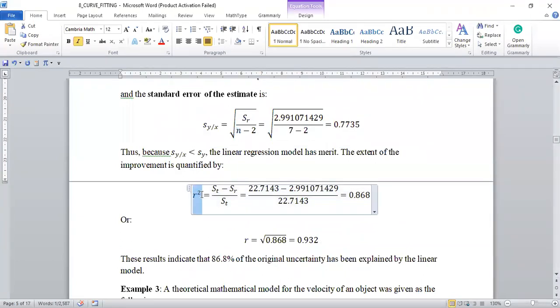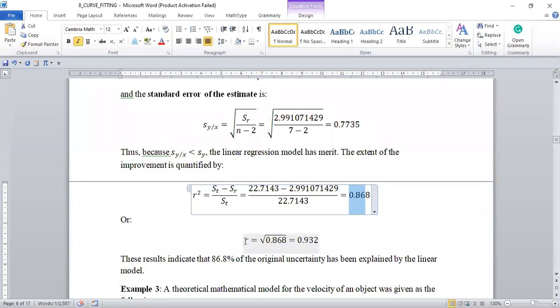Now, the correlation coefficient. The correlation coefficient is simply given by this formula, where this one is the standard deviation, this is the sum squared of the error, and this is the standard deviation. We arrived at this.